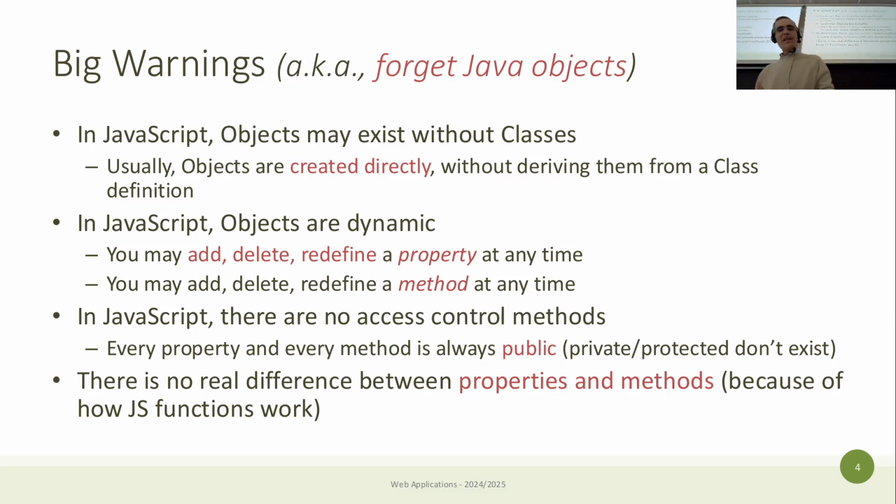Also, there is no real difference between properties and methods because of how JavaScript functions work. JavaScript functions are basically just objects, so they can be assigned and used, as we will see later today, as normal values. They can be contained in variables, and in this case in properties of objects.